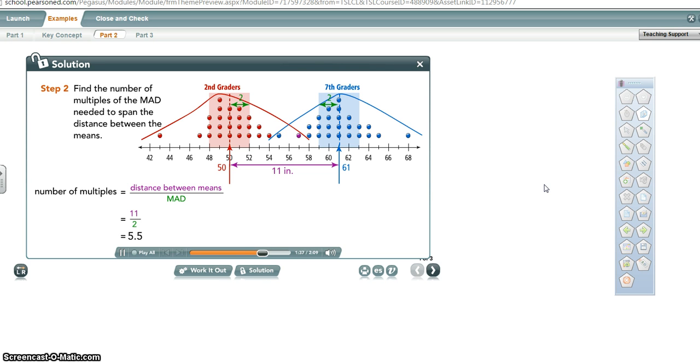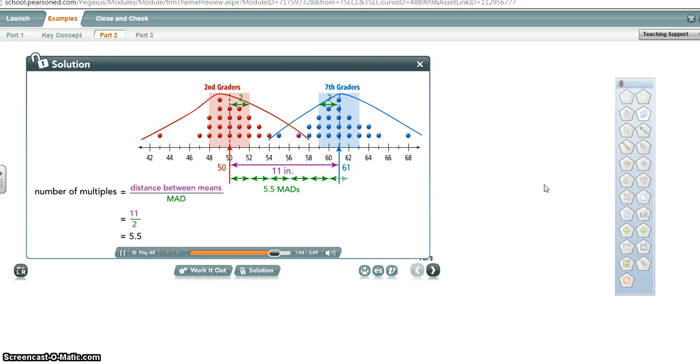Dividing gives the number of multiples equaling 5.5. The distance between the mean height of the second graders and the mean height of the seventh graders is 5.5 times the mean absolute deviations of either grade.